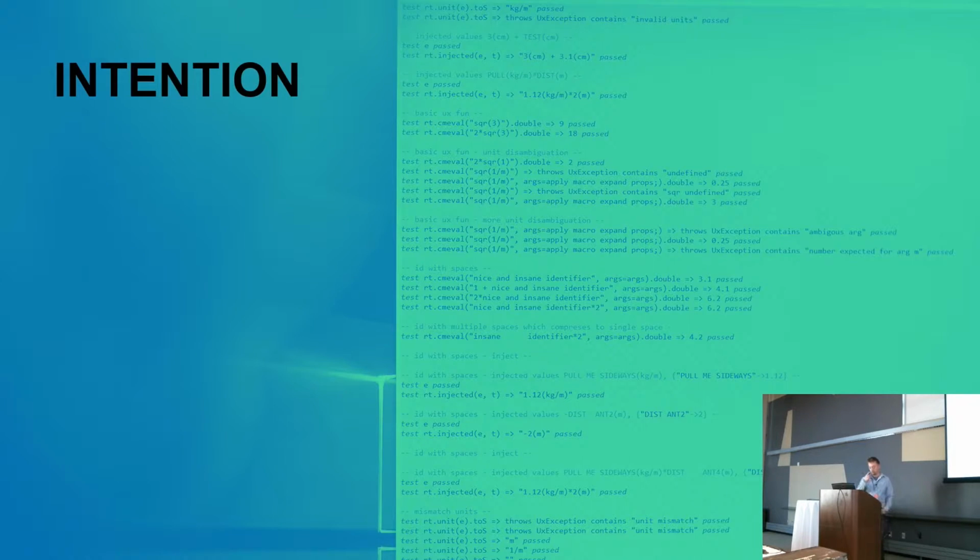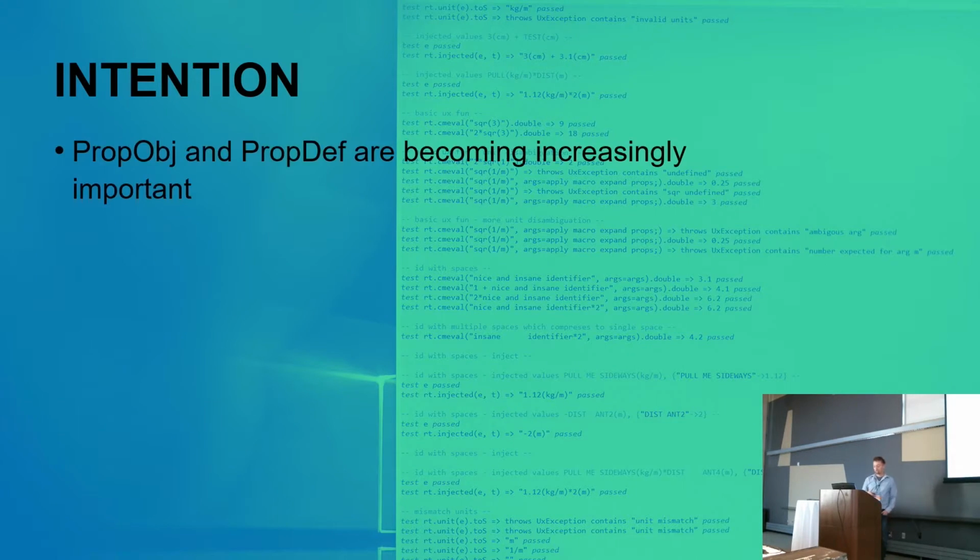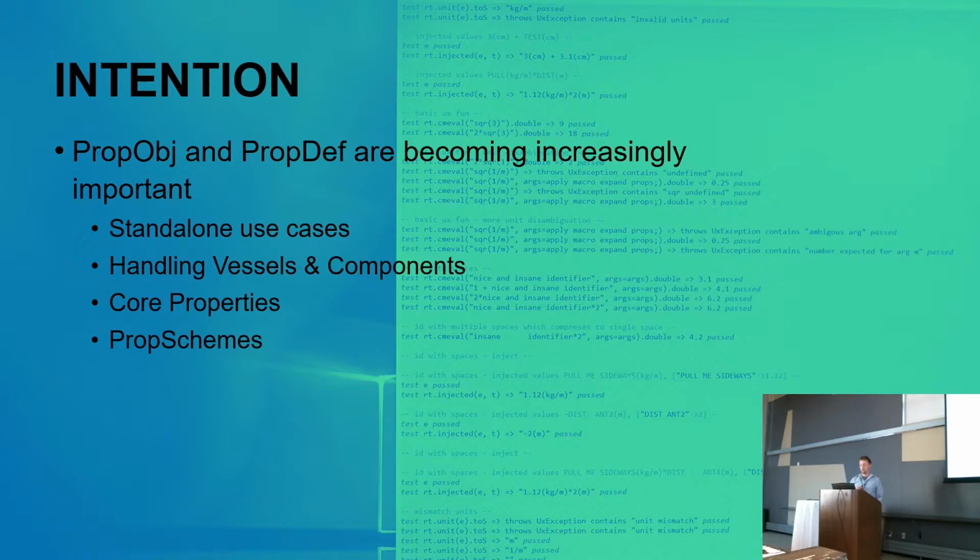Okay, so what is the intention of the PropDef syntax? Prop objects and PropDefs are becoming increasingly important, especially PropDefs, right? Normally they're just standalone, breaking statically typed, strictly typed use cases. But vessels and components are also being handled and communicated with via prop object interfaces by PropDefs.